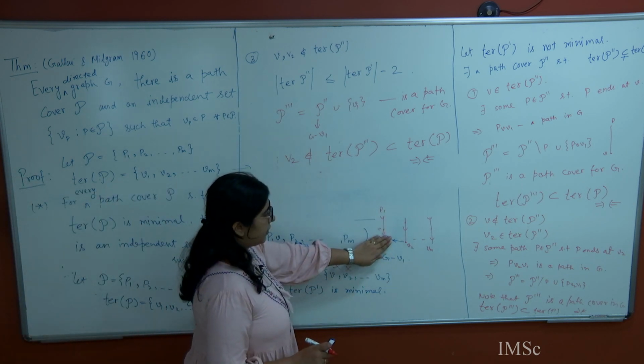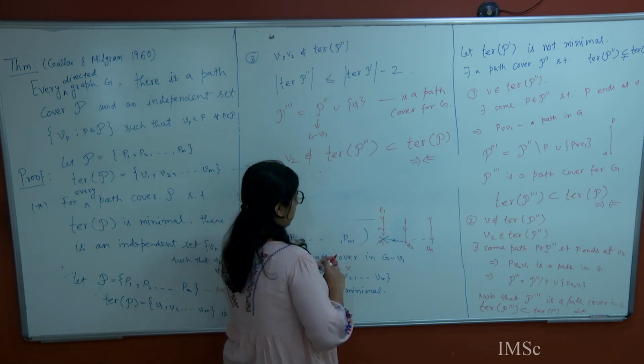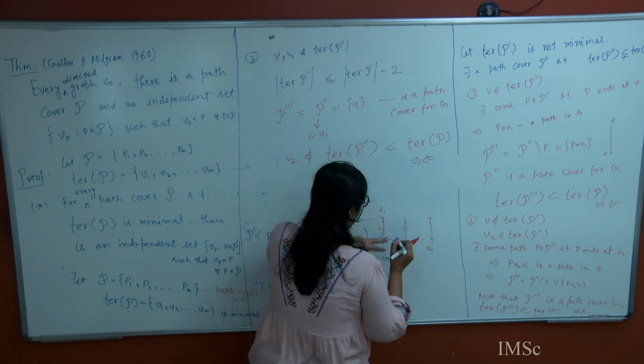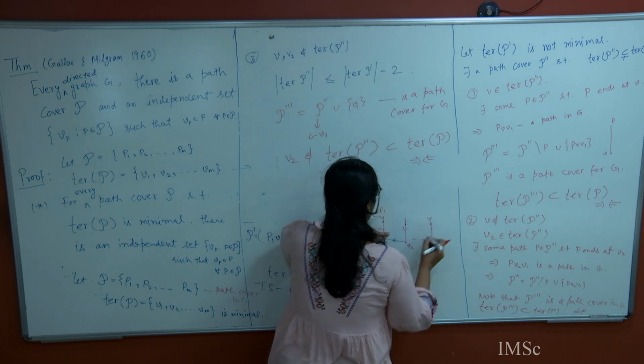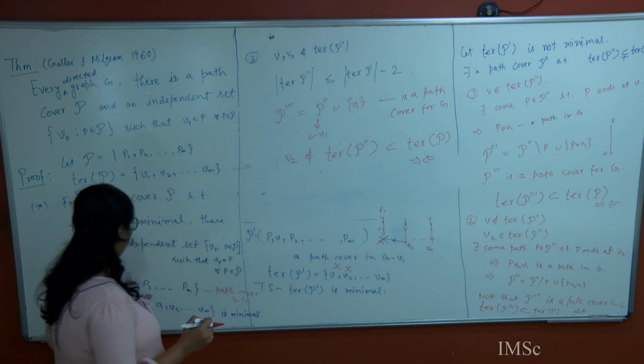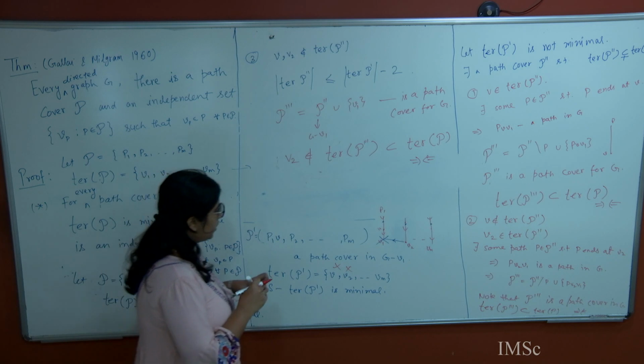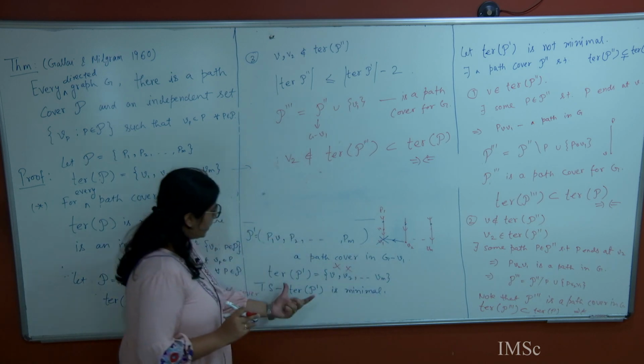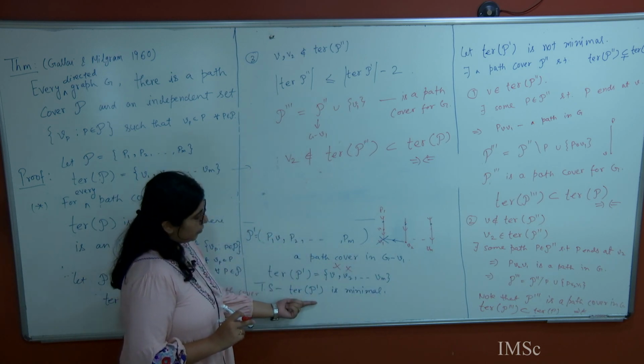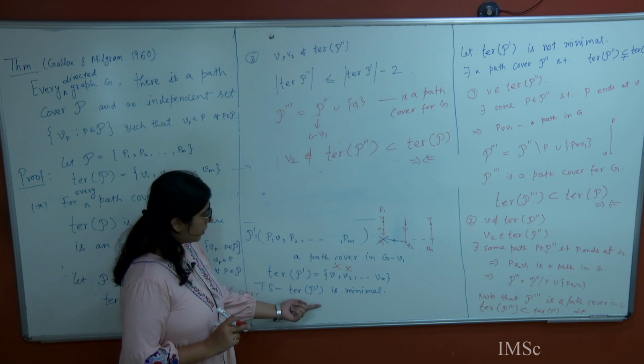In this path cover V1 is not there. So if I get any independent set in P prime, that is still independent in this path cover as well. Okay. So the only thing we have to show is that the terminal set of P prime is minimal.